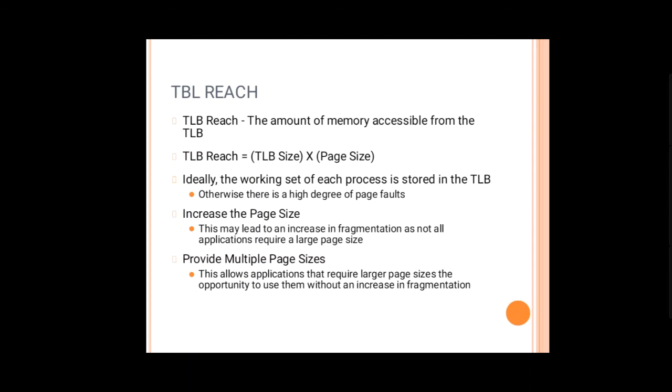Otherwise, there is a high degree of page faults. One option is to increase the page size. This may lead to an increase in fragmentation, as not all applications require a large page size. Then provide multiple page sizes. This allows applications that require larger page sizes the opportunity to use them without any increase in fragmentation.